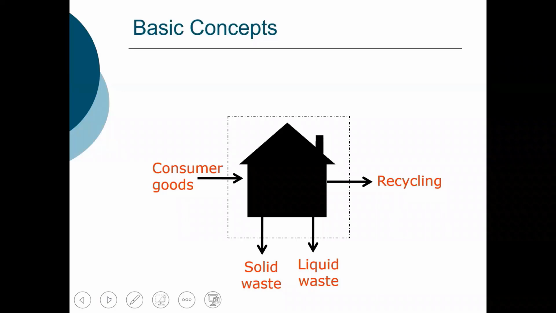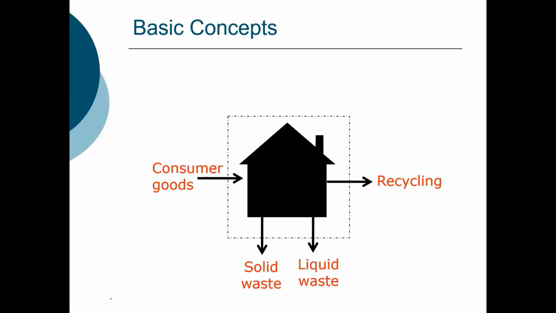What we want to do, the first thing we want to do, is define the system boundary. So in this case, it's the house. The system boundary could be the subdivision, so we could look at a whole group of houses. It could be your own bedroom within an apartment.